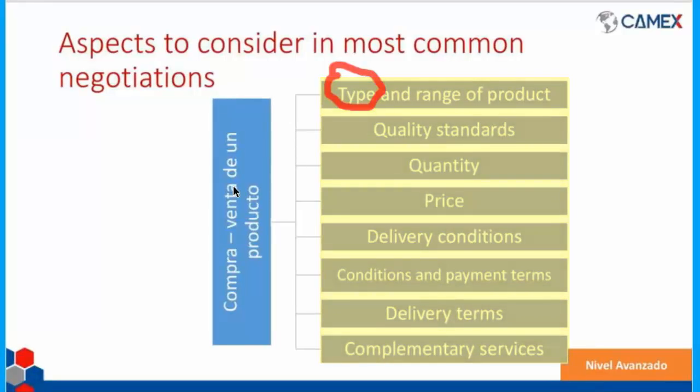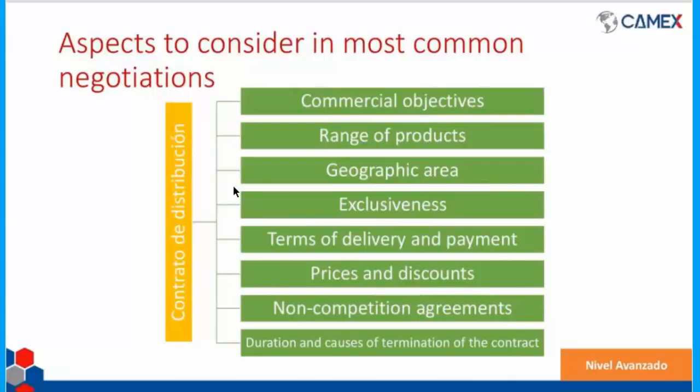So let's go to the second example, and this is when you have a distribution contract, okay? Camilo, in your case, do you have this relationship with the direct clients, or maybe you sell to a broker or distribution partner and then they sell to the final client?